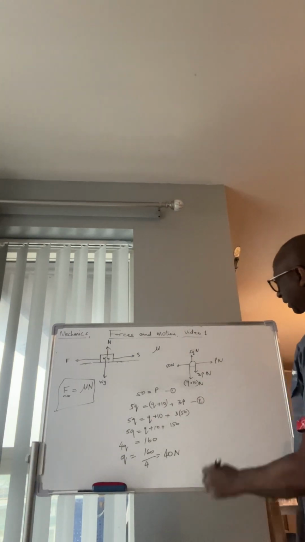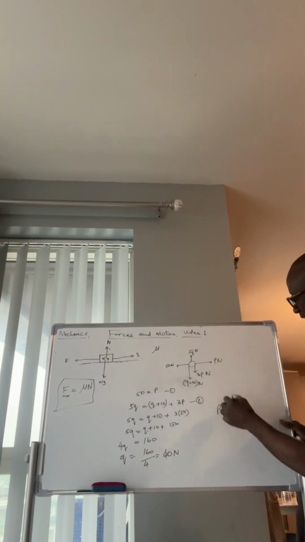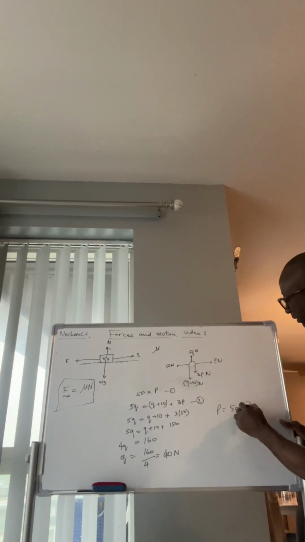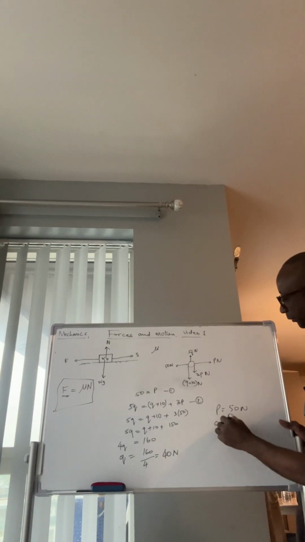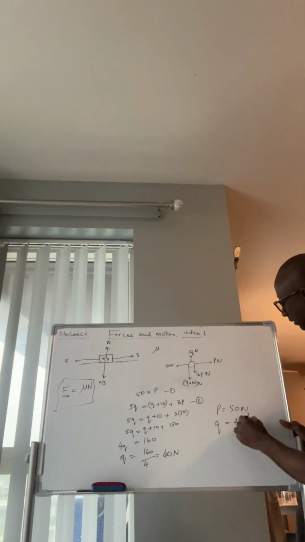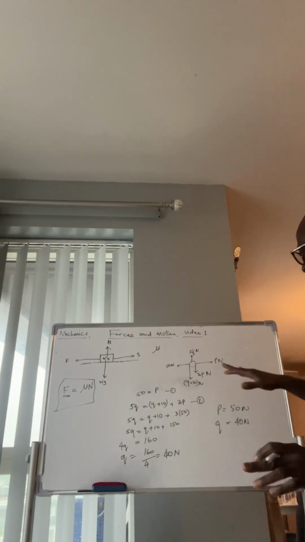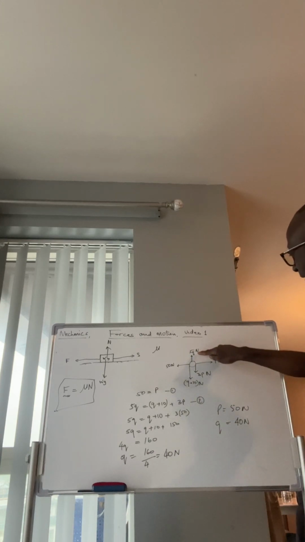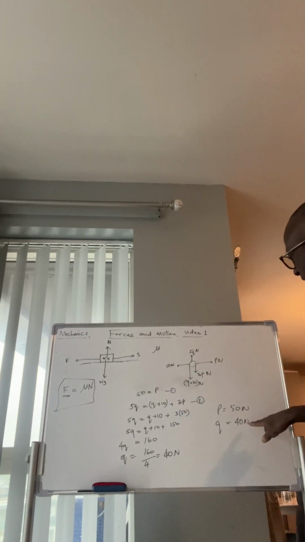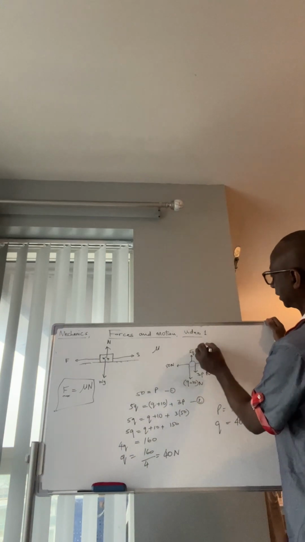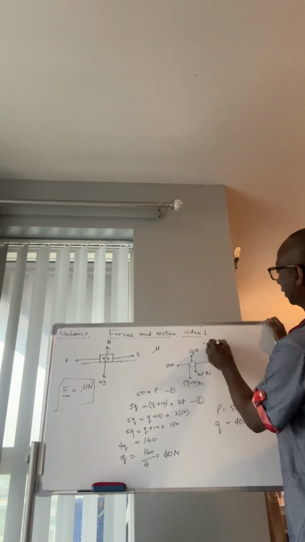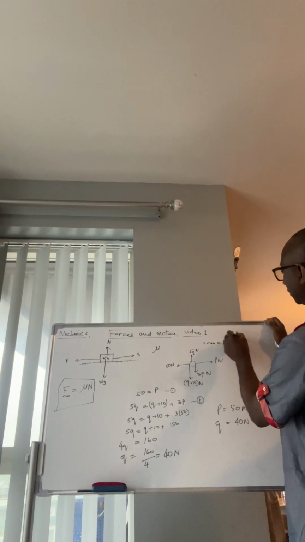So these are your answers. P is 50 newtons, Q is 40 newtons. And it's true, if this is 50, this is 50. So the horizontal movements will cancel. If Q is 40, so this is 5 times 40 here, you get 200 newtons.